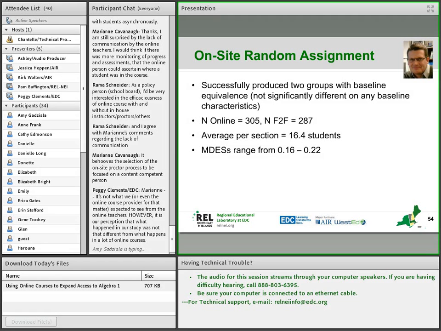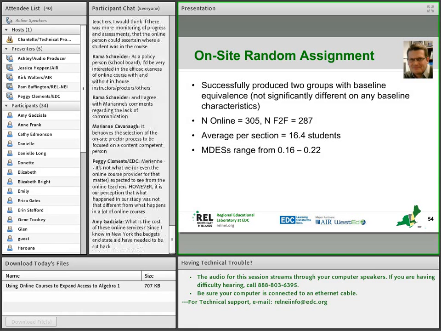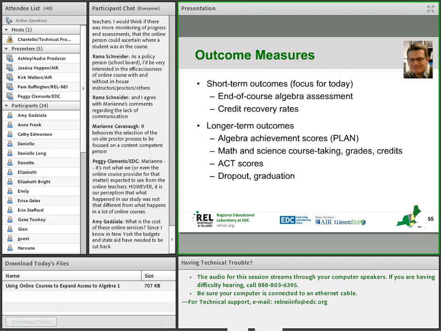The average size per section, as you can see, was about 16 students per section, 305 in the online, 287 in the face-to-face. And there were no significantly different baseline characteristics. When you look at those two groups, they were similar on all the characteristics you would want.